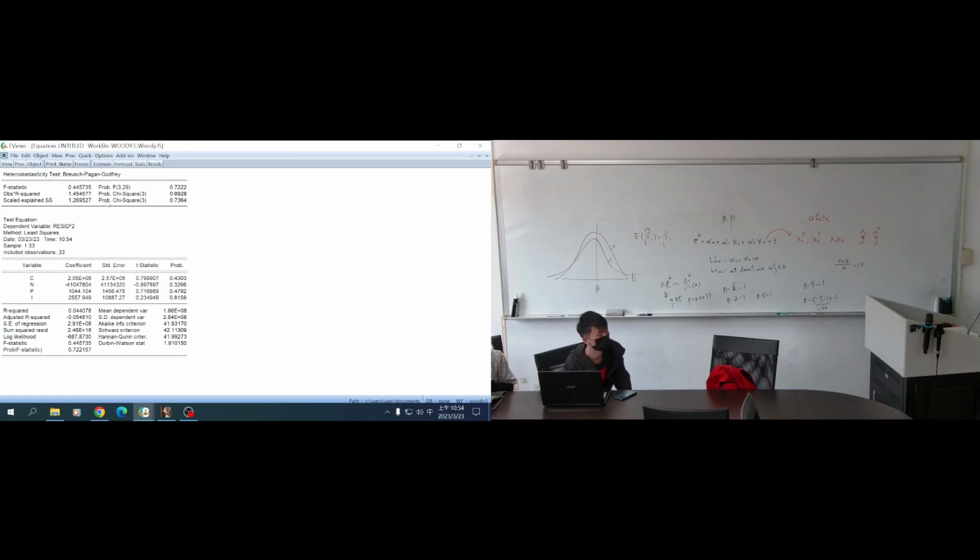Look at the second one, right? The p-value is 0.69 something. So what does it mean? When we do the hypothesis test, this number is 1.45 and the p-value is 0.69 something. Therefore, we do not reject. The p-value is bigger than alpha, so we do not reject this. Therefore, this model is one without heteroscedasticity.